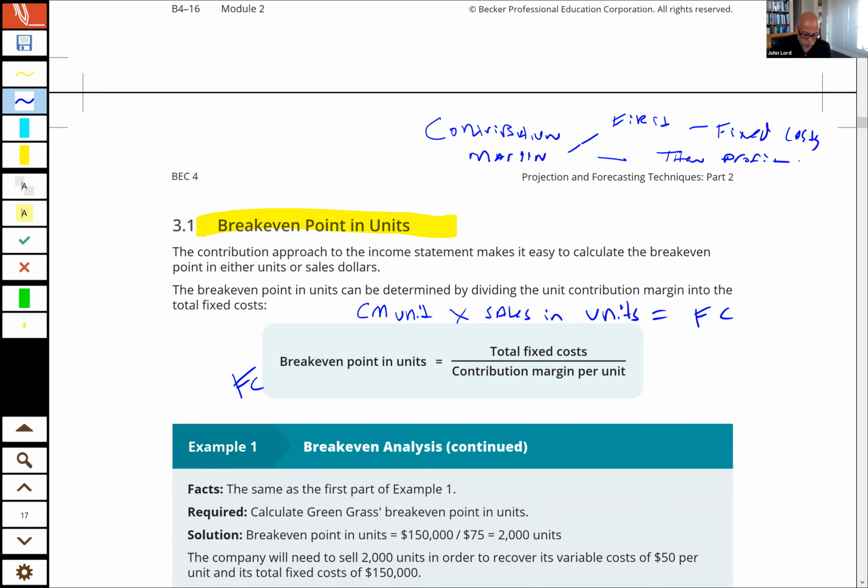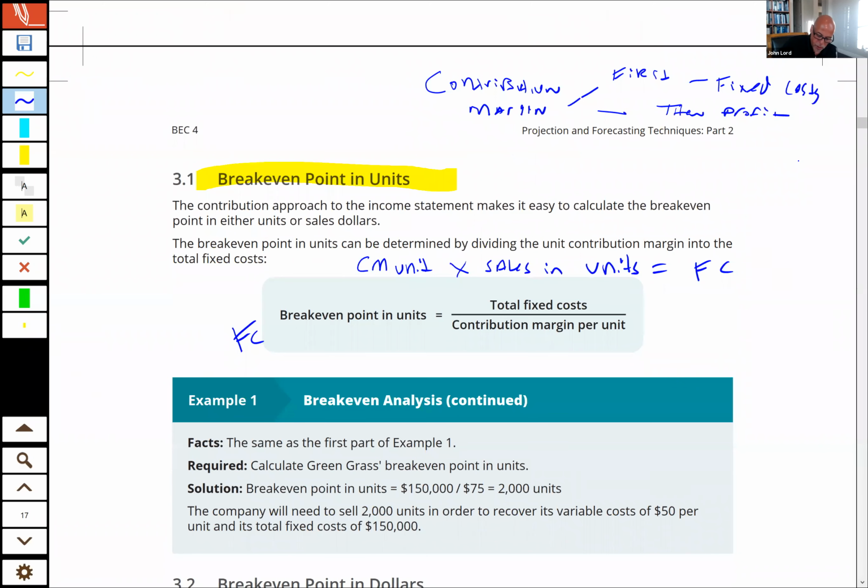Okay, so if you do the algebra on this, you simply divide both sides by the contribution margin per unit. Doesn't that give you the break-even point in units? Guys, that's just a simple algebraic manipulation.